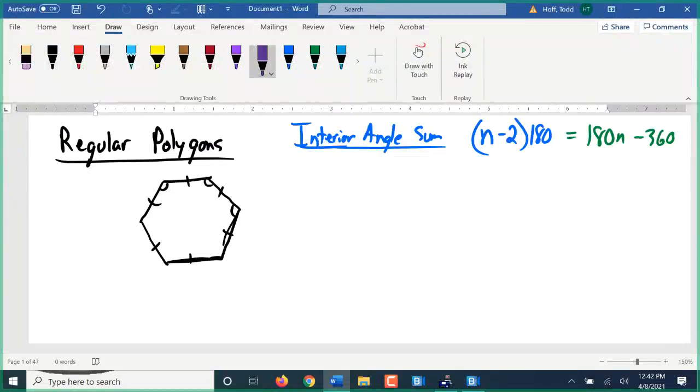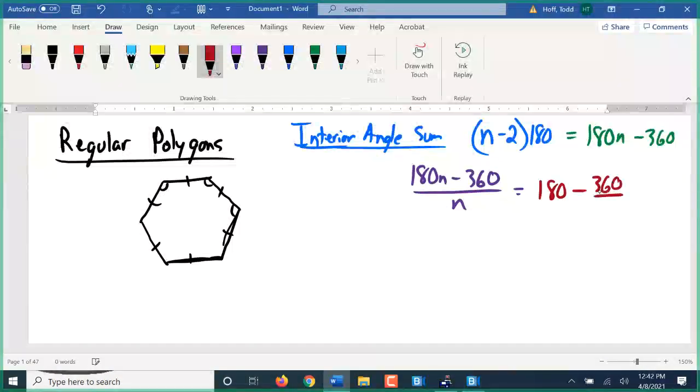Each angle then would be found by dividing that angle sum by the number of angles, which is just n. So 180n divided by n is just 180 minus 360 over n. So each of those angles is 180 minus 360 over n.